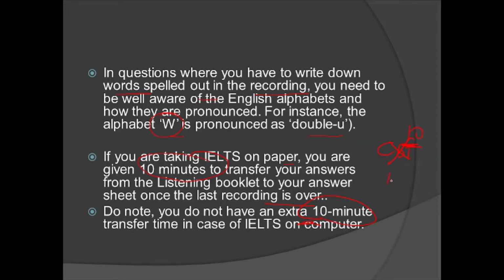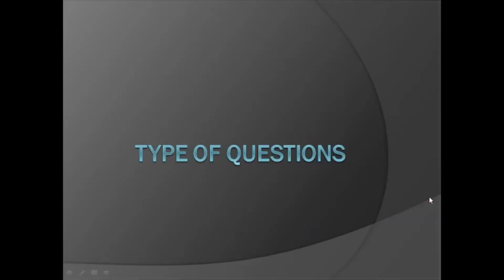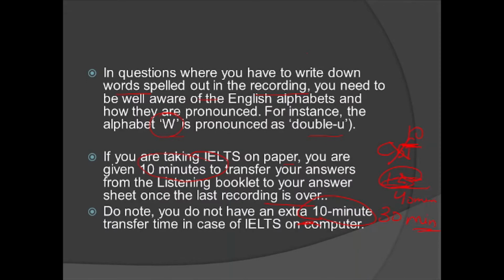Now we are going to move on to the different types of questions, what strategy we need to apply for them, and what things we have to be careful about when solving those questions. The first type of question, and the nightmare for most students in listening, is multiple choice.